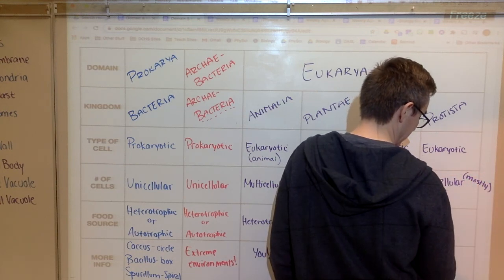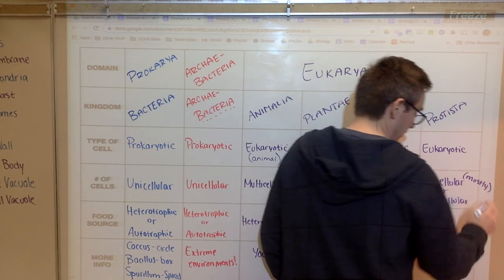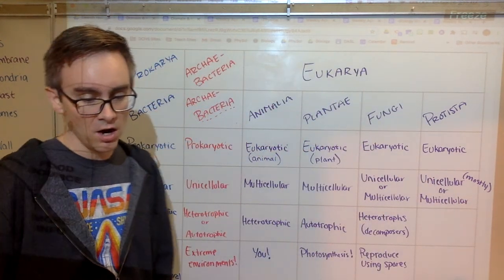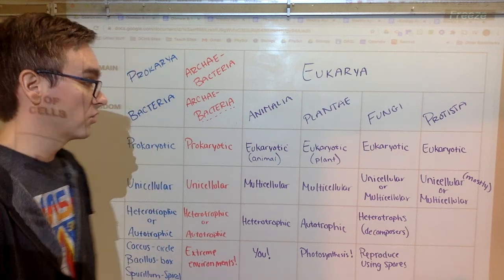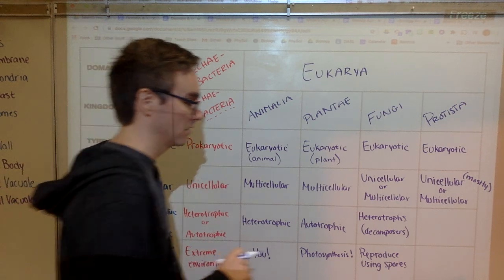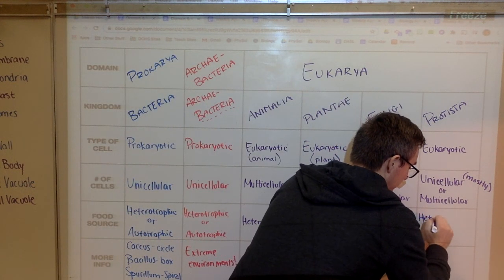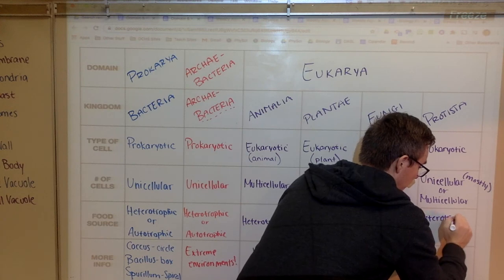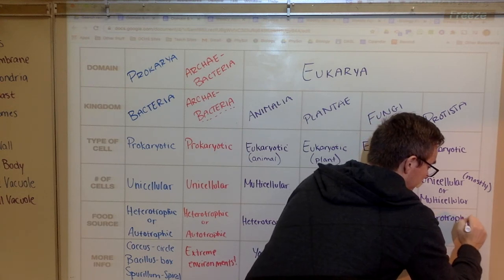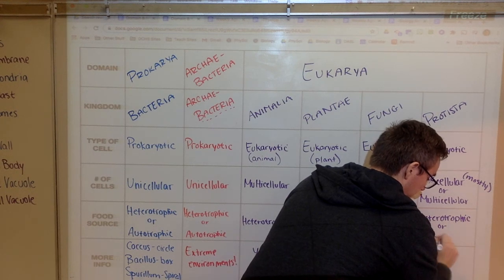They can be heterotrophs or autotrophs, and that's going to be really important because we're going to talk about why that is in a moment. They're either heterotrophic or autotrophic.